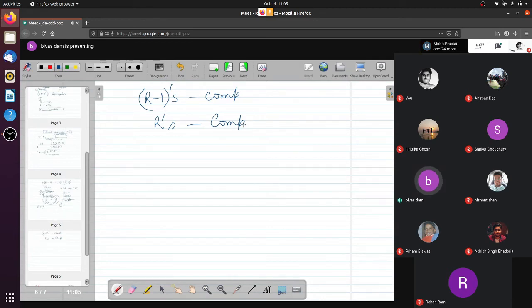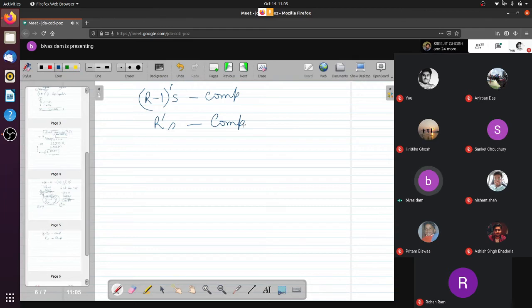In the case of binary, R is 2, so it becomes 1's complement and 2's complement. For octal, R is 8, so R minus 1 is 7: 7's complement or 8's complement. For hexadecimal, R is 16, so 15's complement and 16's complement. If it is decimal, R is 10, so it will be the 9's complement or 10's complement number system.